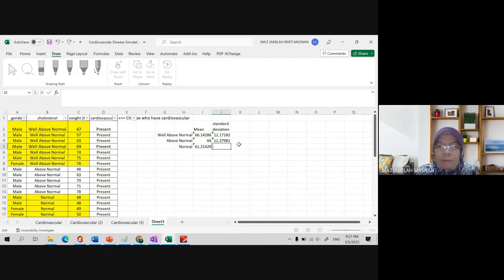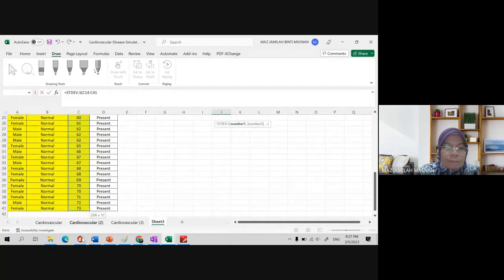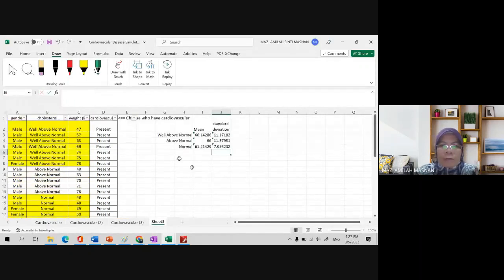Then highlight the value. Now you have got all your data here.